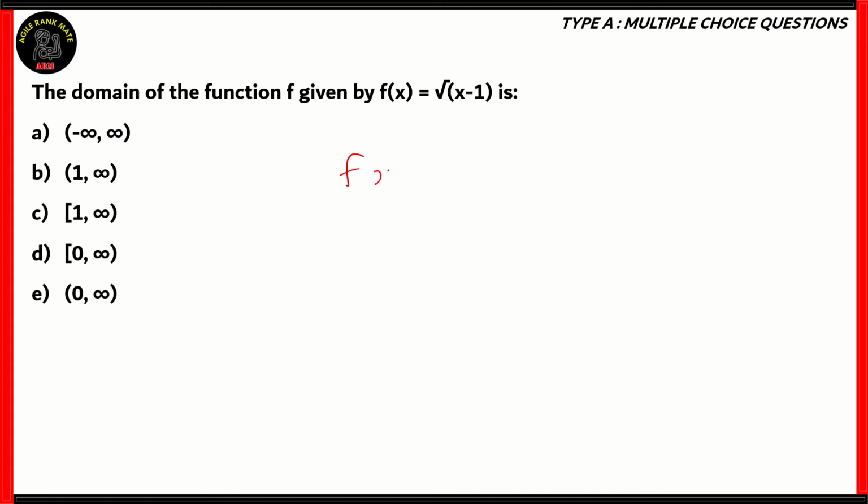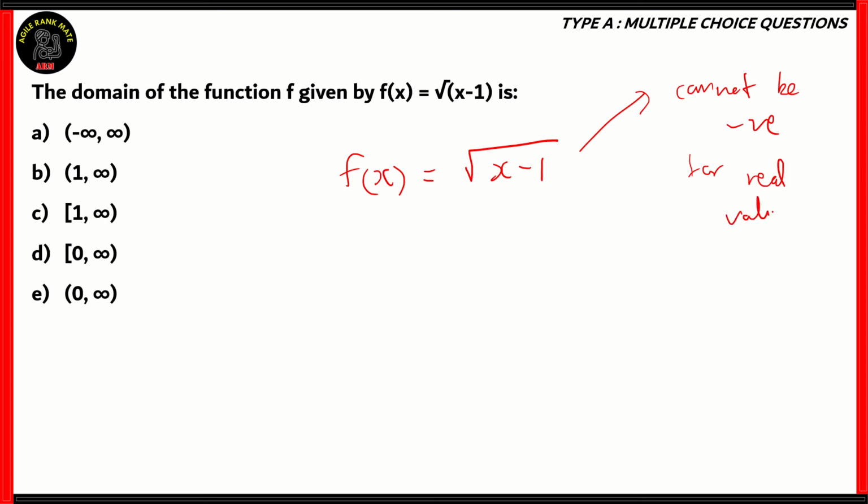Well, the function that we have is f of x equals under root of x minus 1. Now, whenever you have anything under a root, that part cannot be negative for real values. So, for example, if you have under root of minus 1, then that's basically the imaginary number i, and every other imaginary number is a multiple of i.